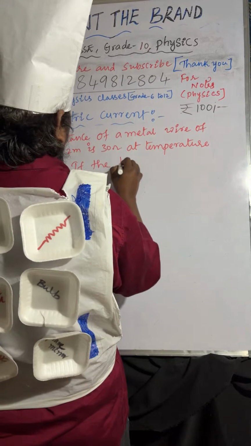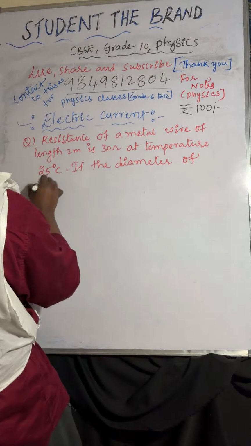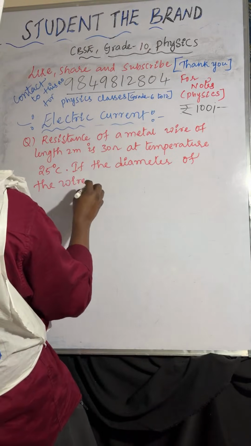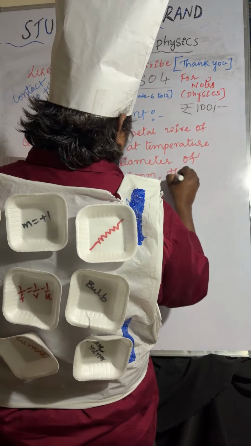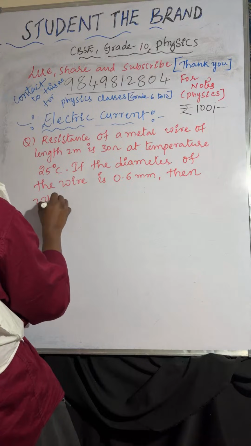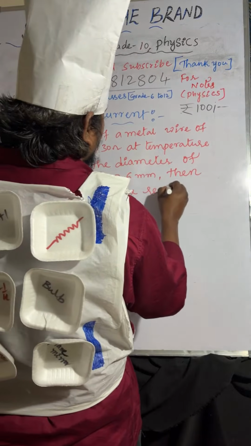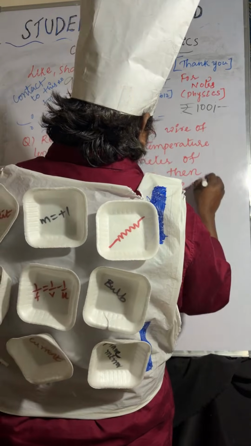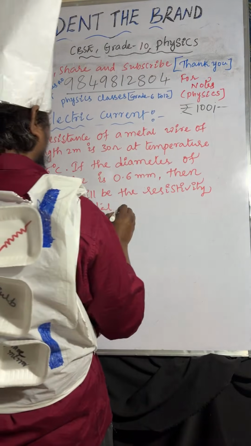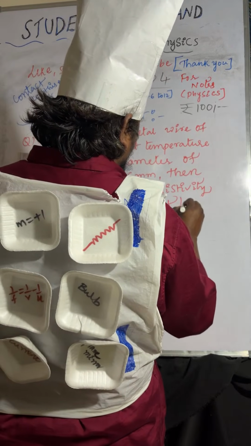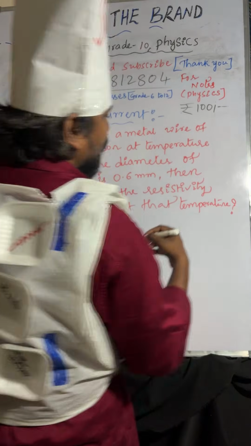If the diameter of the wire is 0.6 mm, then what will be the resistivity of the metal at that temperature. Okay, so that is the question.